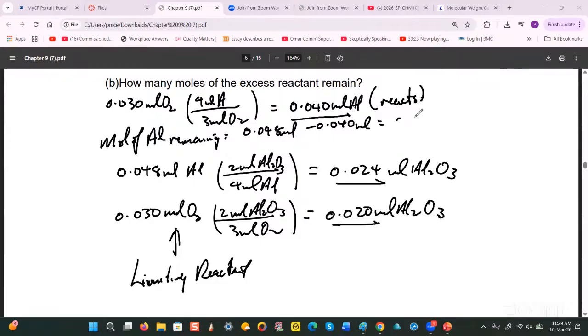So that will give you 0.008 moles of aluminum remaining. And that's how that is done.